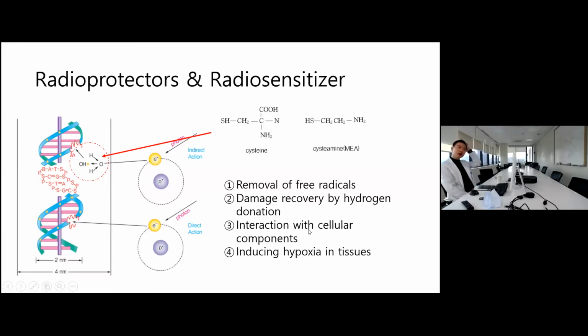The known mechanisms of such radio protectors are removal of free radicals and damage recovery by hydrogen donation. They can also interact with cellular components and have a protective effect. They are also known to induce hypoxia in the tissue to give radio protection.